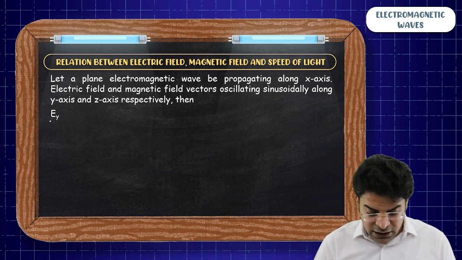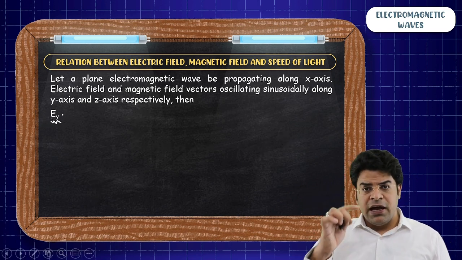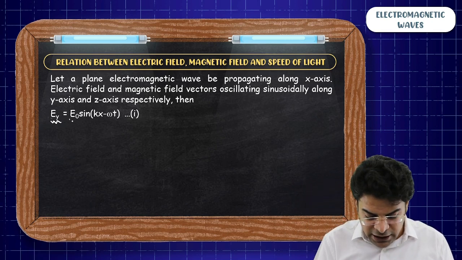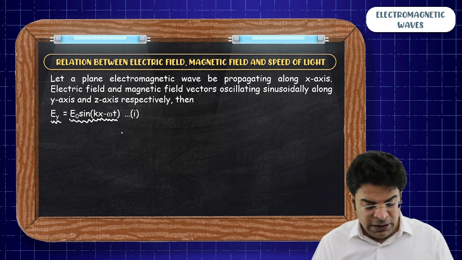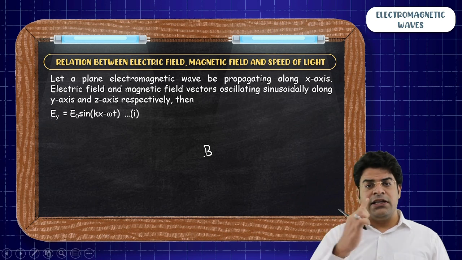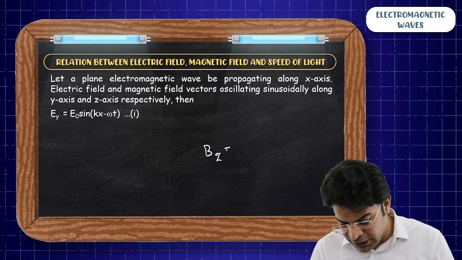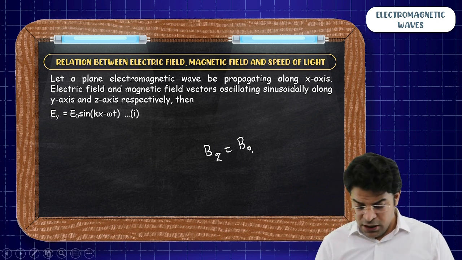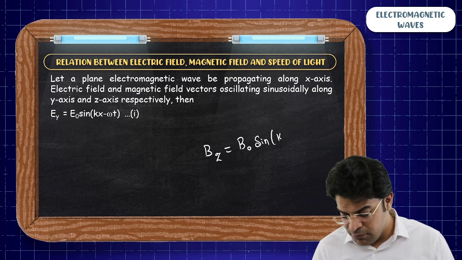We will say that the electric field at any position x at any time t will be given by Ey equals E naught sine(kx minus omega t). Similarly, the magnetic field oscillating in the z direction will be given by Bz equals the peak value of the magnetic field times sine(kx minus omega t).